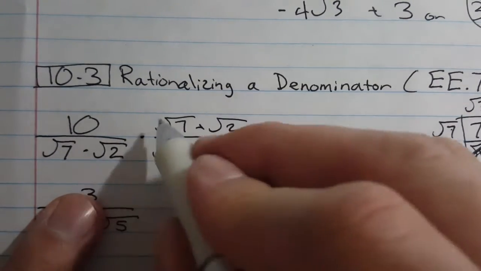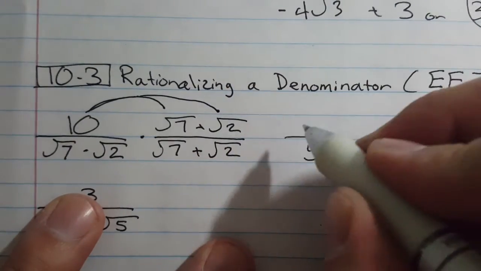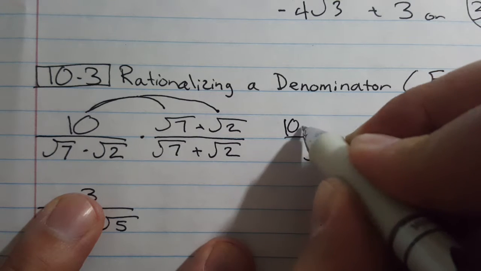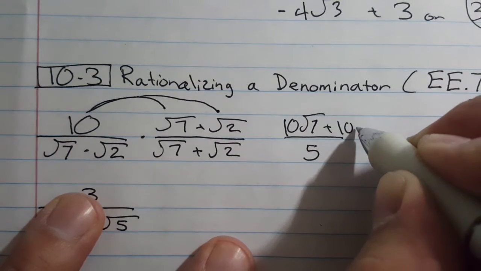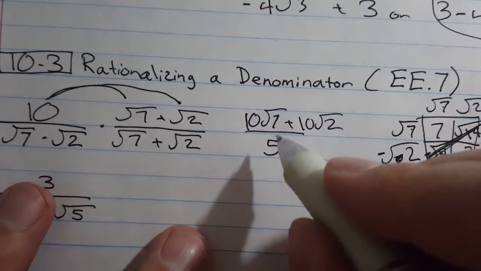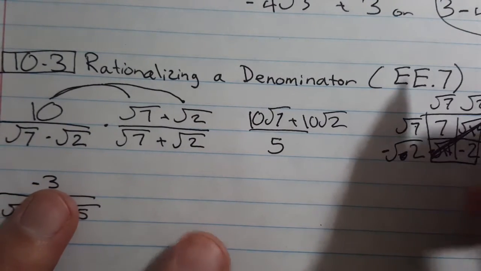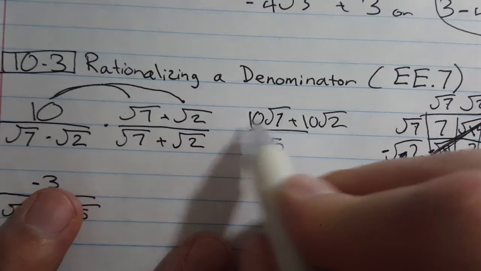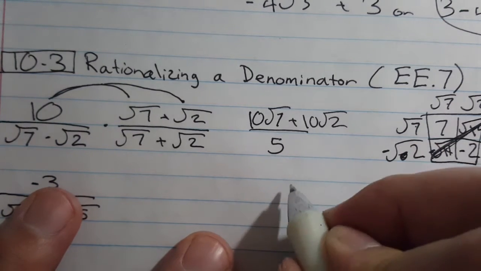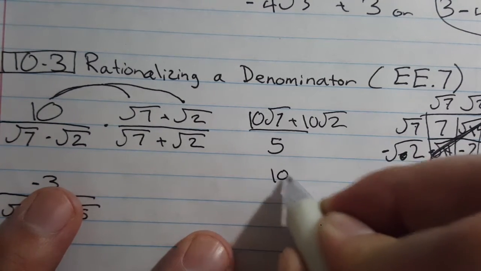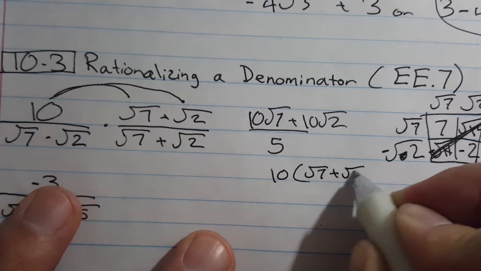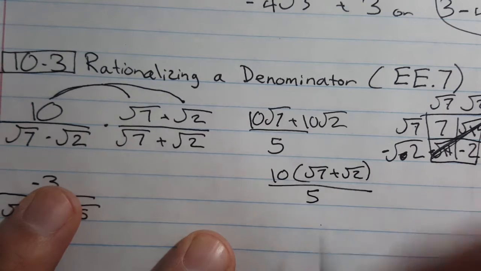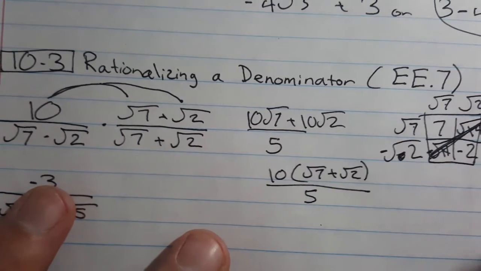But this on top would be a 10 times u and a 10 times u. So we would have 10 square roots of 7 plus 10 square roots of 2. Now from there you can simplify it even further. Honestly, what I should have done is written it as 10 times the square root of 7 plus the square root of 2 over 5, and that way 10 and 5 could cancel.